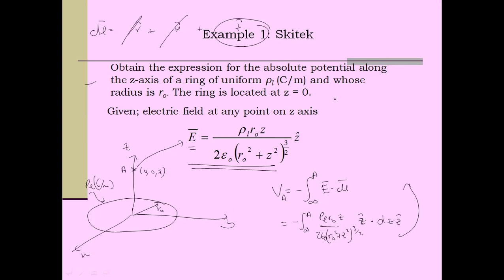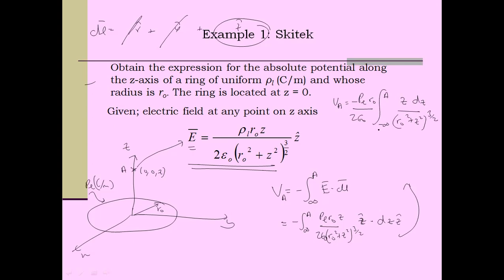This integration can be written here, where we have the VA, which will be a negative. We just take out the constant, rho L R naught over 2 epsilon naught, and we're going to have the integration from negative infinity to A of Z dz over R naught squared plus Z squared to the power of 3 over 2.